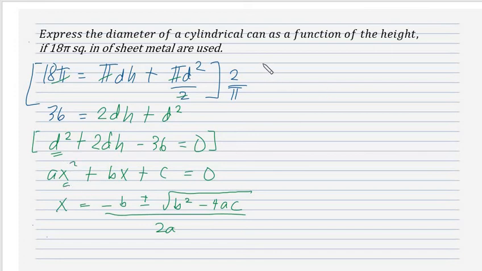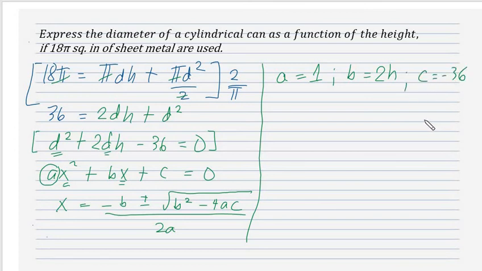So what is our a? Our a is the numerical coefficient of x squared. So here, the numerical coefficient of d squared is 1. What is our b? b is the numerical coefficient of x. So our x is d, so therefore the numerical coefficient is 2h, while c is equal to negative 36.